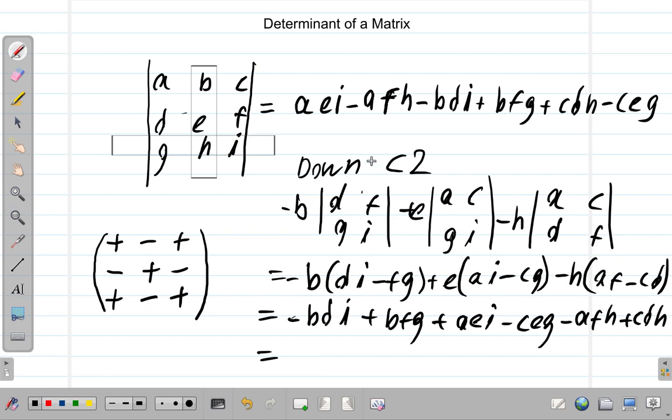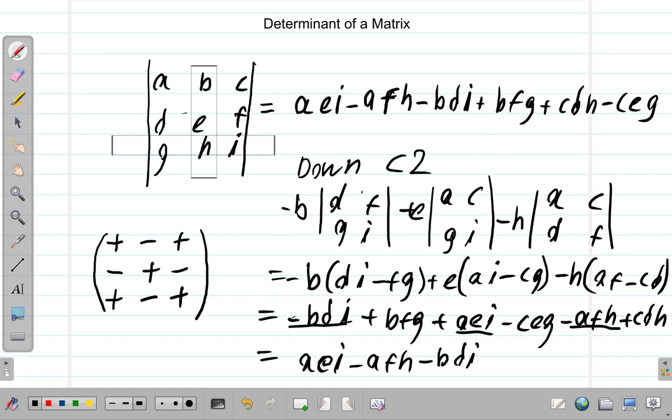All right, let's compare it with what we have up here. We see AEI. Is there an AEI? Yes, AEI. Minus AFH. Do we have one down here? Here it is. Then we have a minus BDI. Yes, here it is. Then I see a BFG.